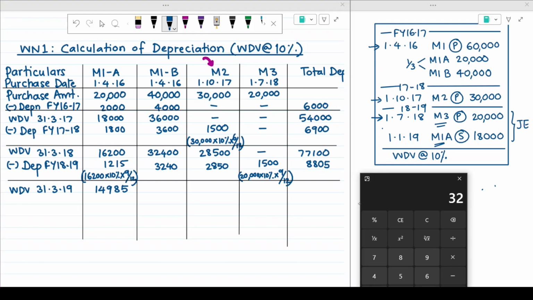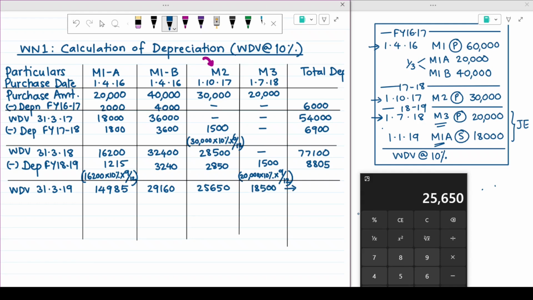Then 32,400 minus 3240 is 29,160. Then 28,500 minus 2850, that is 25,650. And from 20,000, 1500: 20,000 minus 1,000 is 19,000, minus 500 is 18,500.